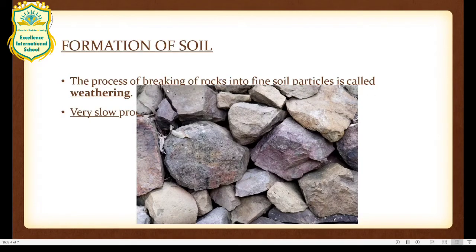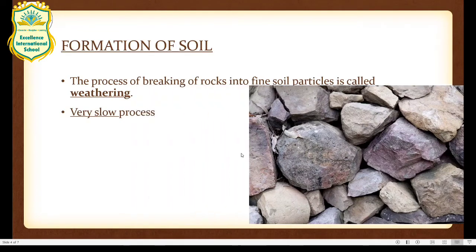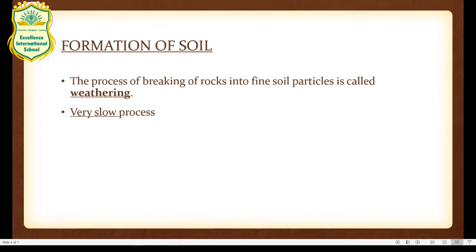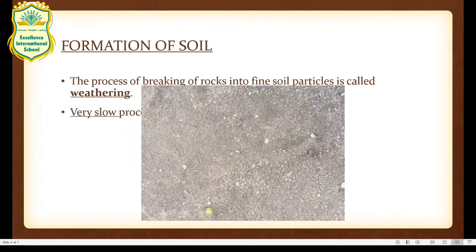This was also probably just one rock, and then water started seeping inside and started forming cracks in this. Then eventually more and more water kept falling on this. Then this rock got converted to this rock, the smaller rocks or gravel, and eventually soil was formed, okay?